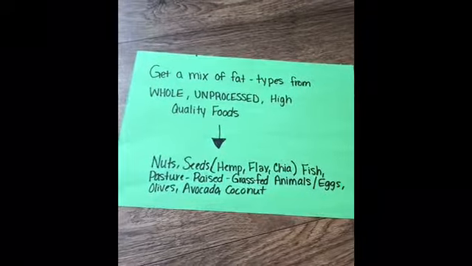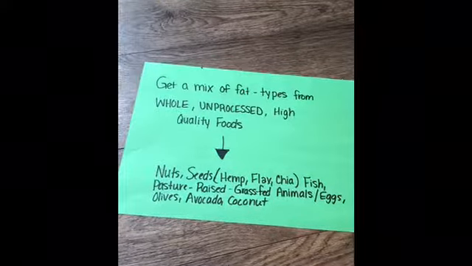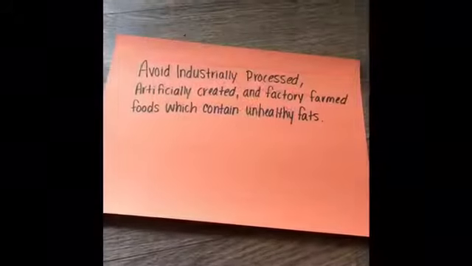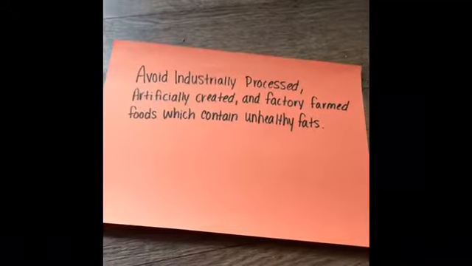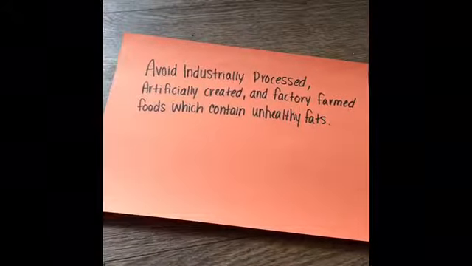So take a look at your diet and see if some of those items are included in your meal planning, and also look at the serving sizes that are included in your meal plan. With that, avoid those industrial processed, artificially created, and factory farmed foods which contain those unhealthy fats.